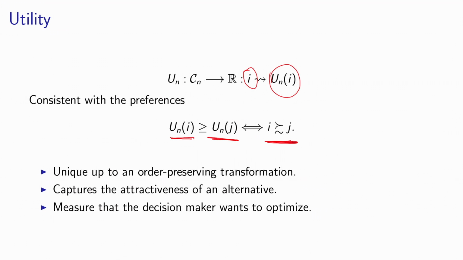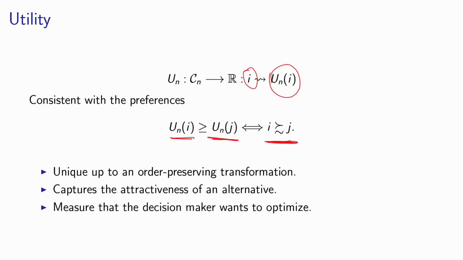If you look at the microeconomic textbooks, you can find a lot of results about this theory of utility. You can show that this function, under some simple assumptions, is unique up to an order-preserving transformation. Of course, if you multiply all the utilities by 2, the order will be the same, so it will not change anything.